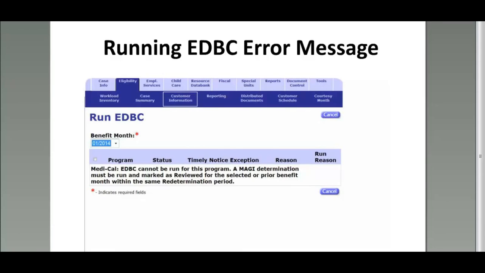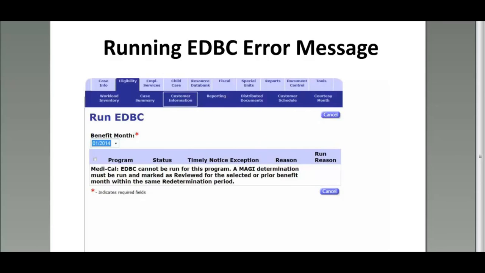After the MAGI results have been determined, you then run EDBC in order to send the disposition response back to CalHEERS, who will then generate and send the appropriate notices. If the customer has opted for full Medi-Cal hierarchy, then this is where you can show which choice the customer has made. And we'll demonstrate that functionality on the next slide.